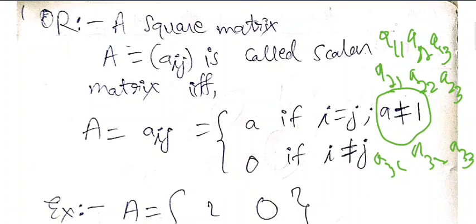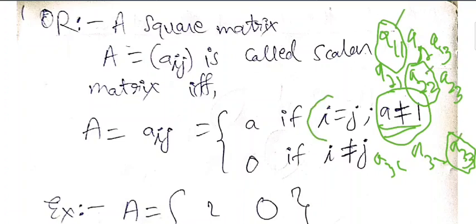For these elements i is equal to j, the principal diagonal elements, so the value will be equal to a, which is not equal to 1. And 0 if i is not equal to j.